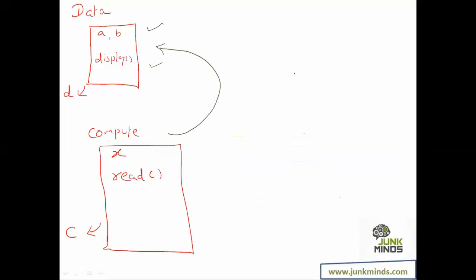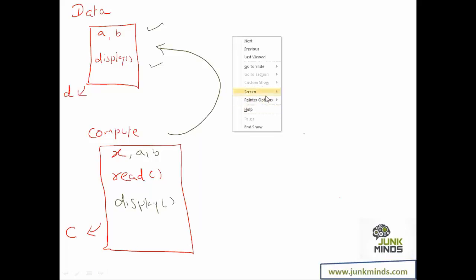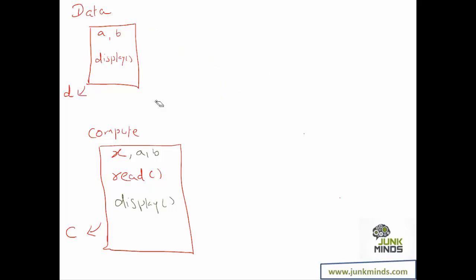Creating the data again means that just as I created A and B over there, I would have to create A and B here too. The way I wrote the display method in the class data, I would have to write display here too. So the same data has to be created twice, and the same method written twice. I needed the read and display methods in two different classes, so I'm thinking of writing them twice, or if I need the variables A and B in class compute, I'm thinking of creating them again.